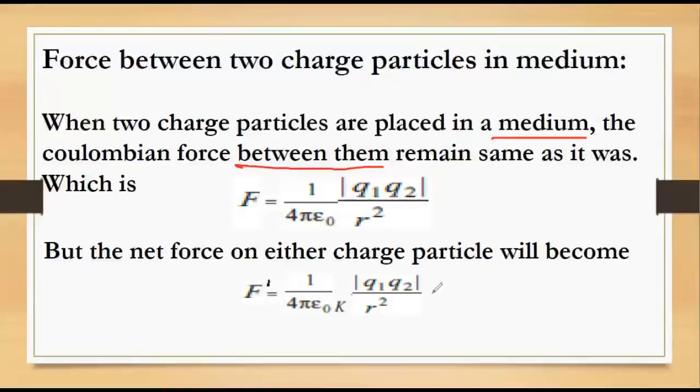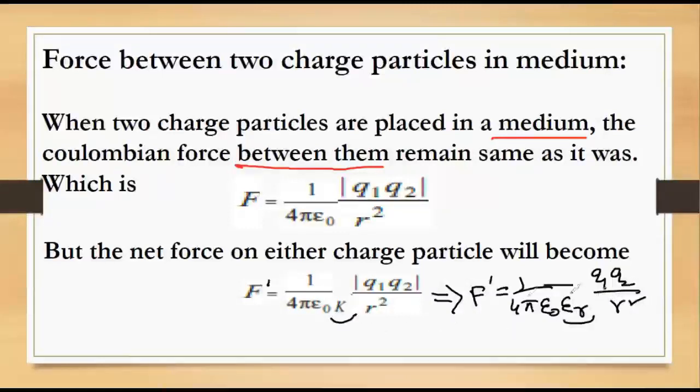Or you can write this expression: F dash equal to 1 by 4 pi epsilon naught, and here you can write epsilon r, q1 q2 by r square. Both are the same. You can write directly k also, epsilon r also. No problem, so please write both.